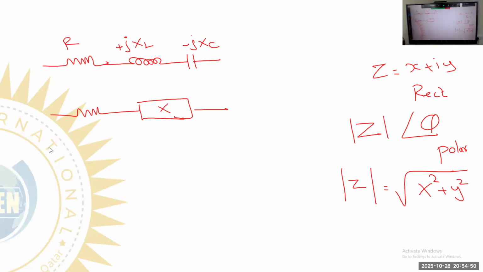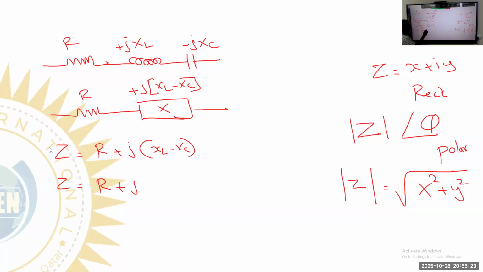These two components put together, I call X. But here, for my convenience, let me take J common, so plus J(XL minus XC). So now we may write Z is equal to R plus J(XL minus XC), or we may say Z is equal to R plus JX. So both are the same. Here X plus iY, here R plus JX.